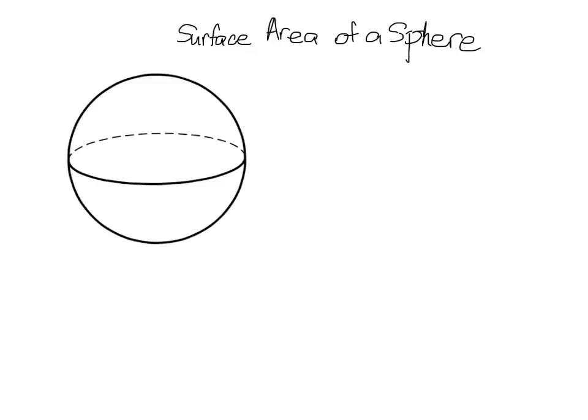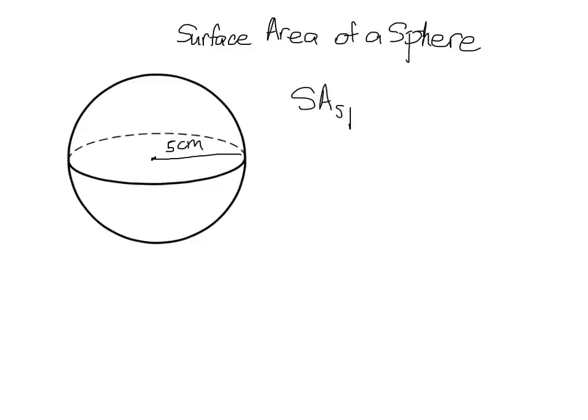Okay, so now we're going to look at the surface area of a sphere. Now, a sphere is just a ball, a 3D shaped circle. So let's say the radius of this sphere is 5 centimeters. It would actually take 4 circles with the same radius to fully cover our sphere, which kind of tells us what the surface area of a sphere is.